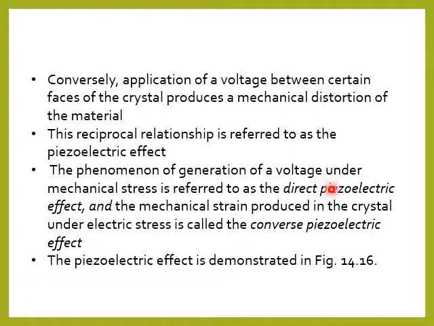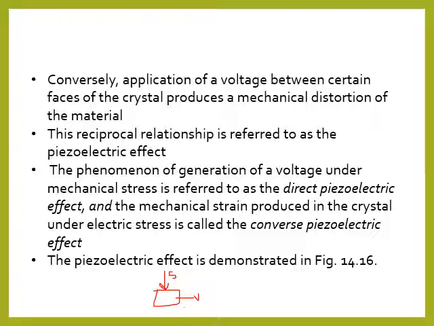The piezoelectric effect is of two types: direct piezoelectric effect and converse piezoelectric effect. The direct piezoelectric effect is that when we apply mechanical stress on the material, a voltage is produced in the material, and this is called the direct piezoelectric effect.